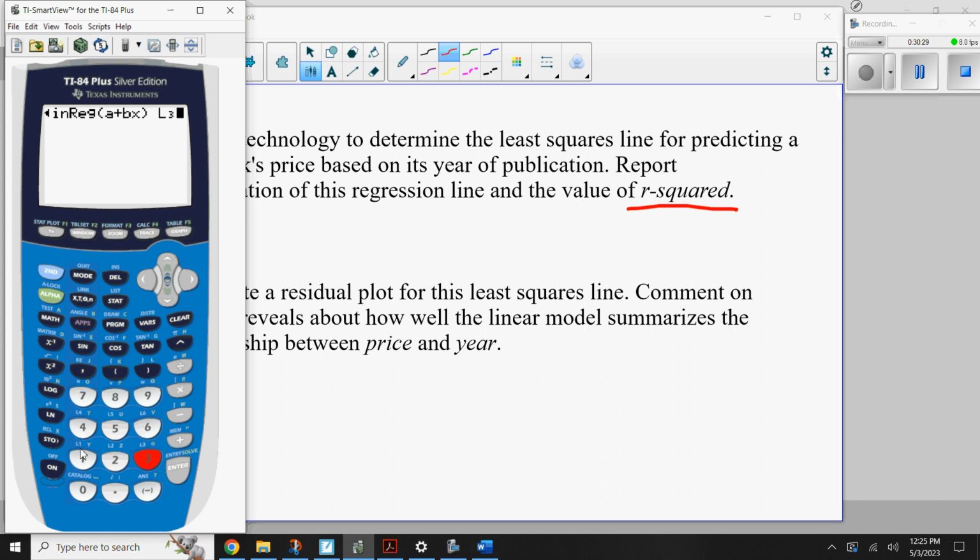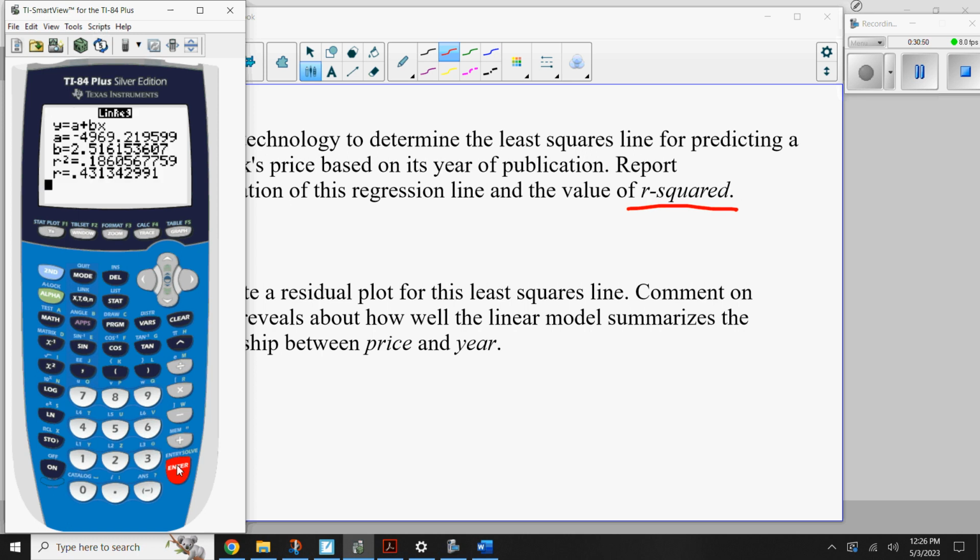My Y value remained in my L1. So I'm going to go second 1 and put a comma. I'm going to put that into my Y1 as well. Alpha, F4, Y1. And then I'm going to go enter.